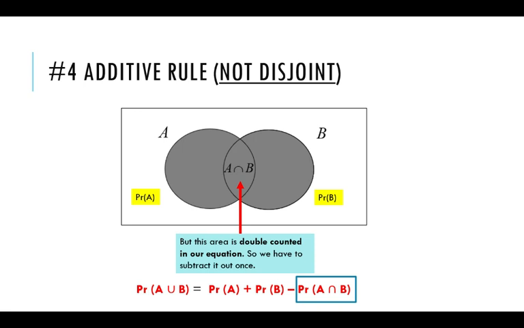So guys, look at that red equation at the bottom. We've got probability A plus probability B minus the overlap. Now remember, I didn't need that before because with disjoint events, there was no overlap. So gang, is this really a new equation, this equation number 4 for the additive rule for not disjoint events? No. All it is, is the same equation we used before, but putting something back that's now relevant.